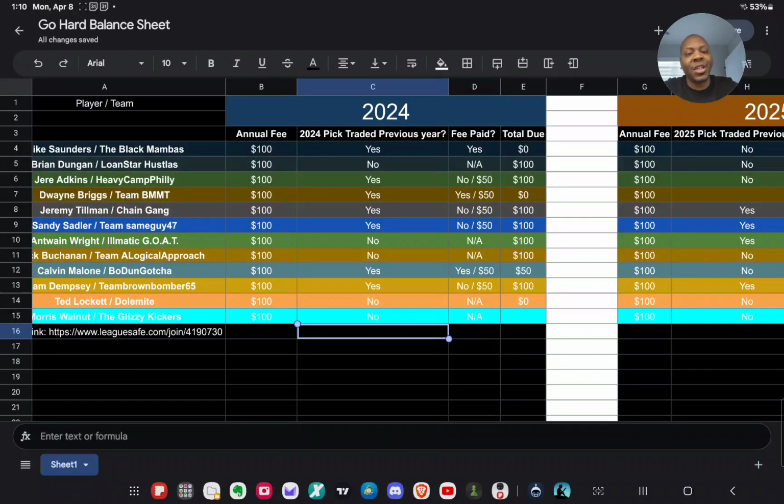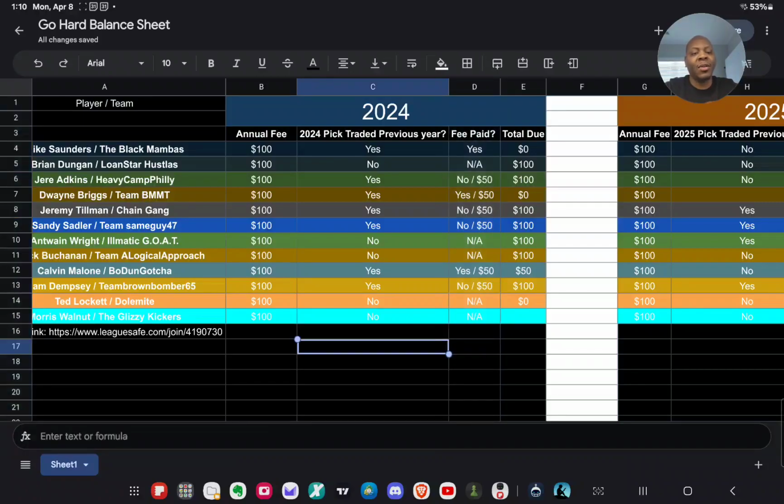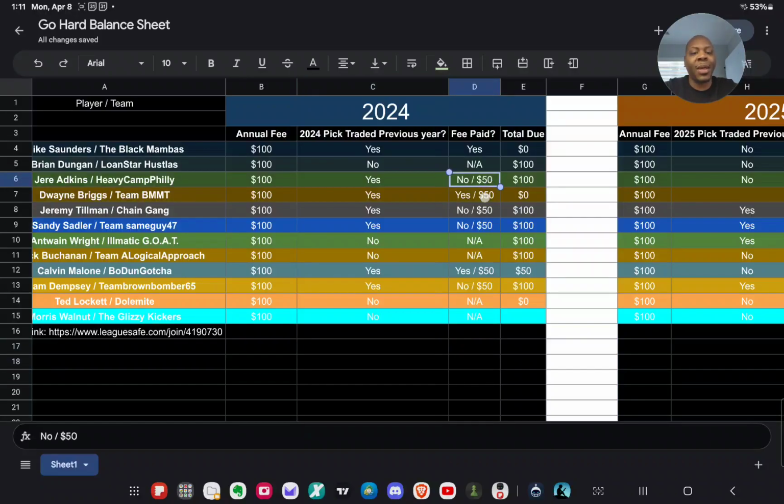But just to explain, the previous column means that yes, somebody traded away the pick for whatever year this is, for the current year and the previous year, and if they have or have not paid the $50 for trading their pick away.